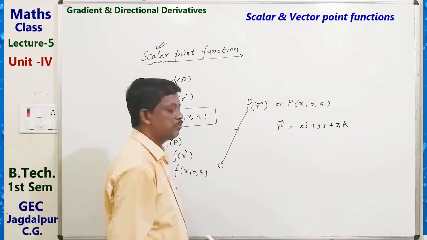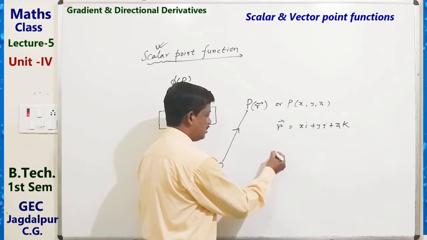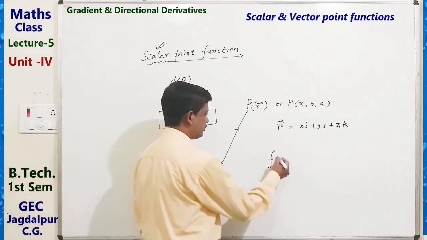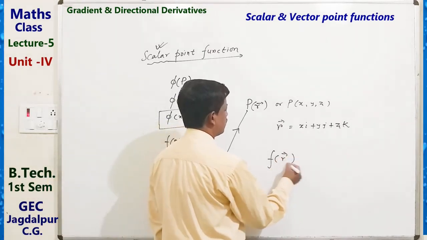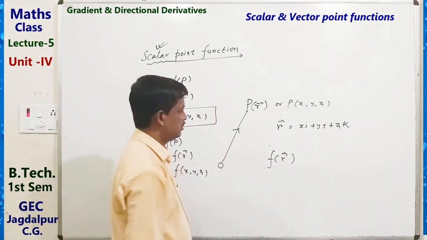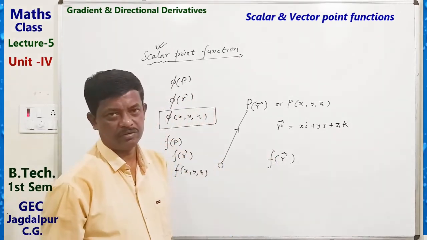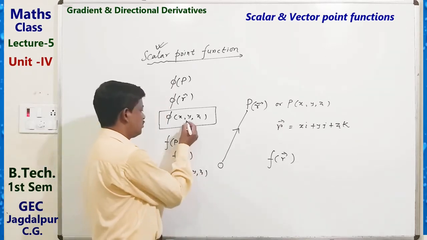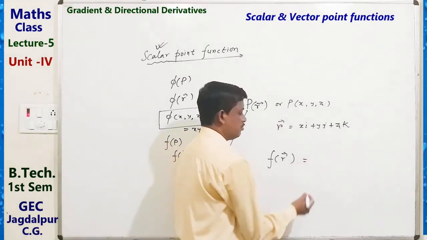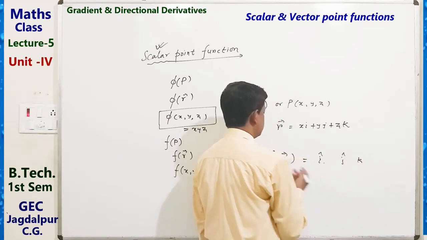A vector point function is generally denoted by a bold symbol, like f of r. Just as for a scalar point function the value may be in terms of x, y, z, for a vector point function the value comes with i, j, and k, because it is a vector quantity.